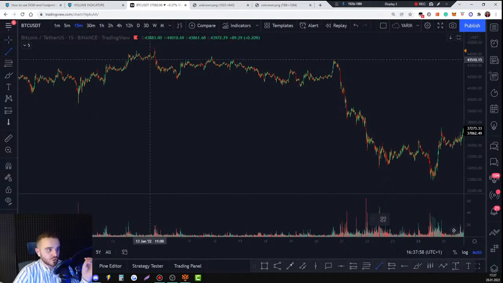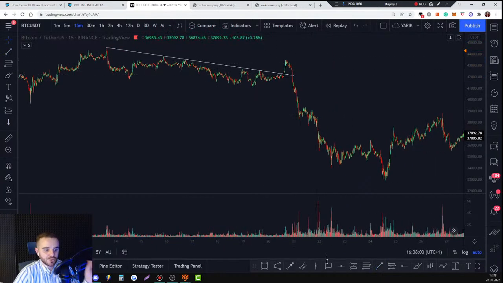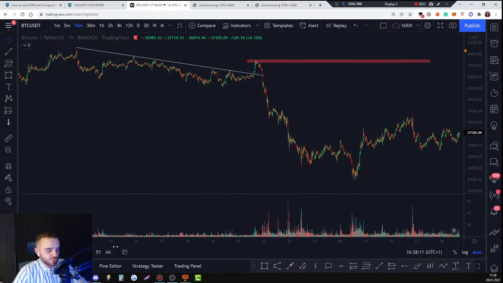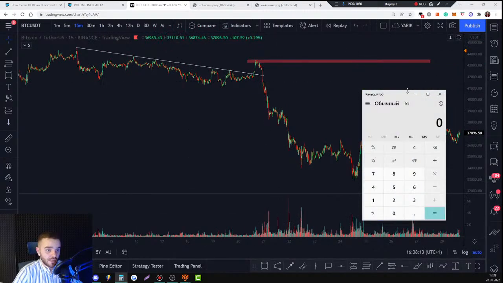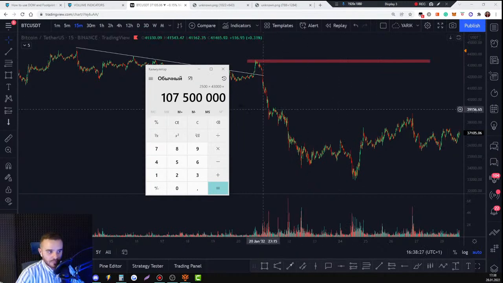Someone, once more, sold during this rise of Bitcoin nearly 2,500 Bitcoins in this area, exactly in this area. 2,500 Bitcoins multiplied by 43,000 is 107 millions of USD. Tell me, please, do you think it is a big number or not?